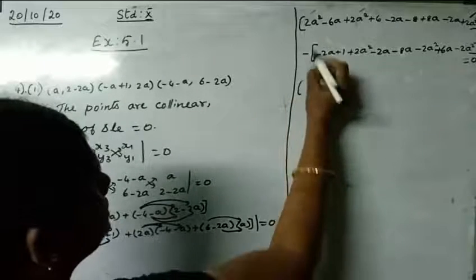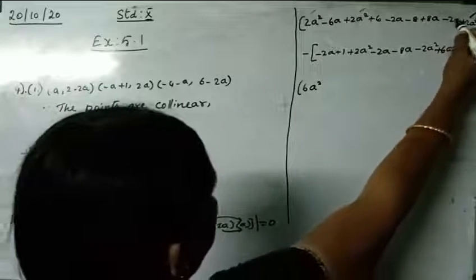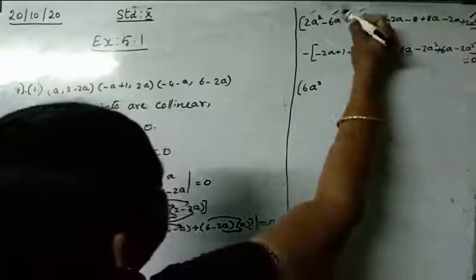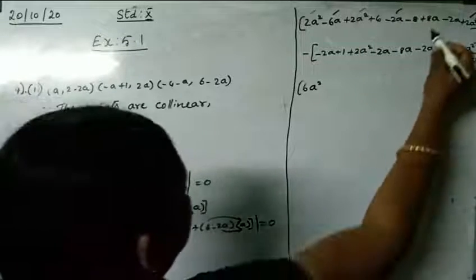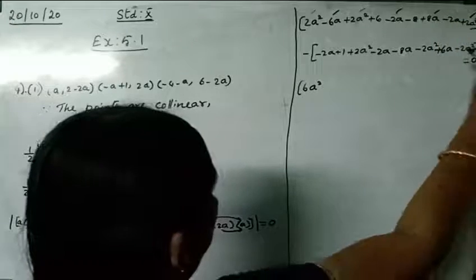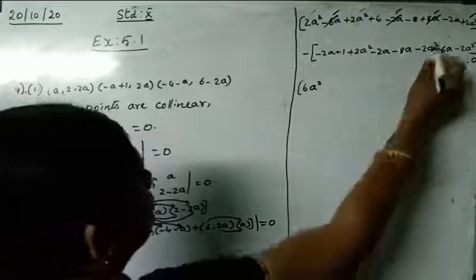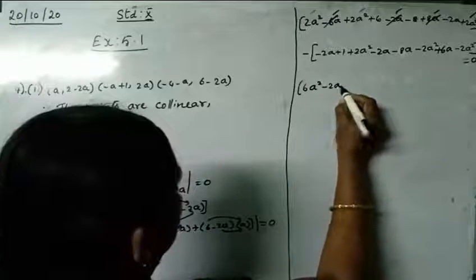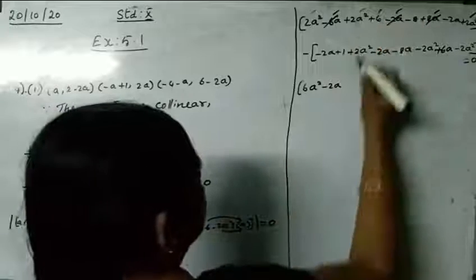Now first subdivision 6a square and the a values: minus 6a minus 2a minus 8a plus 8a is 0. So minus 8a, these are cancelled. So remaining is minus 2a.